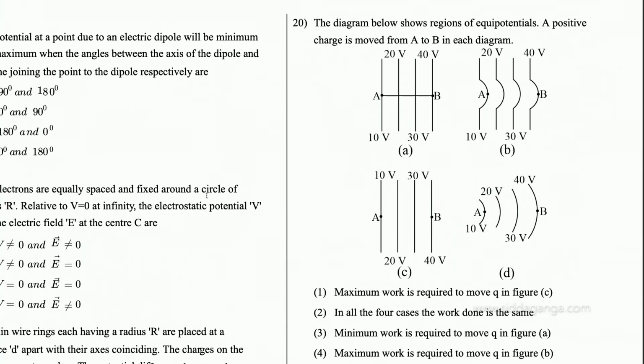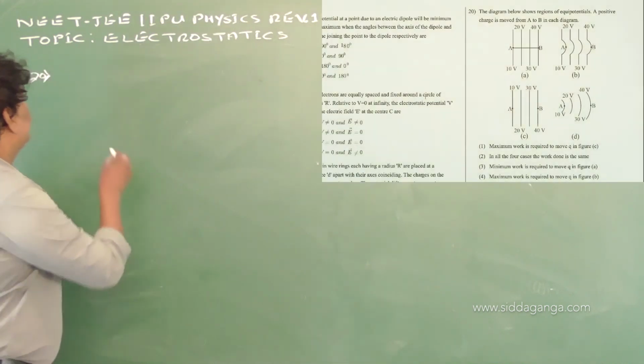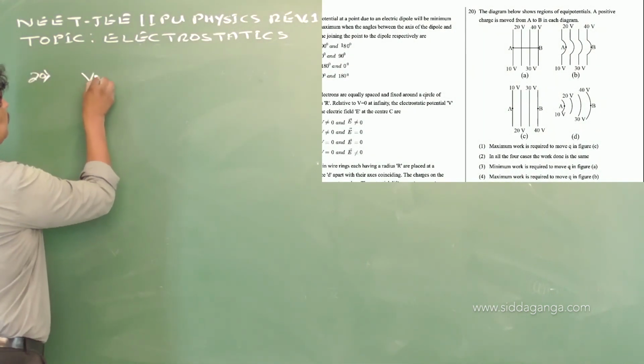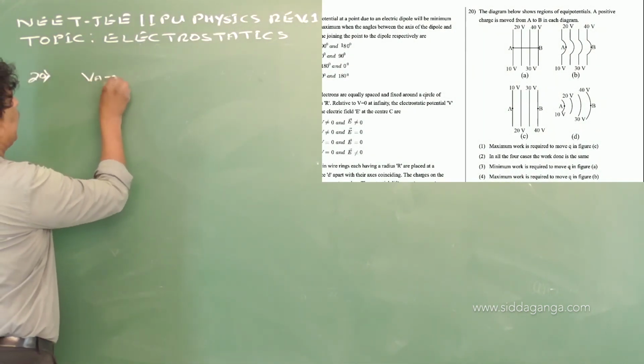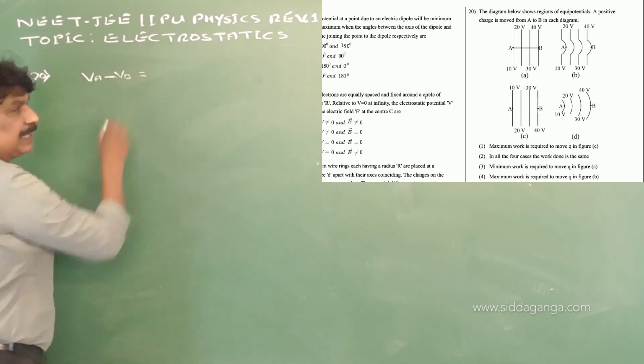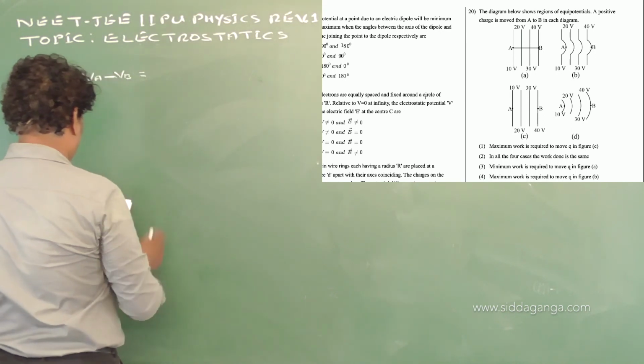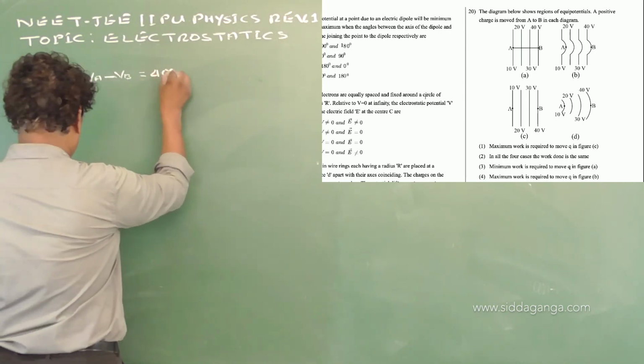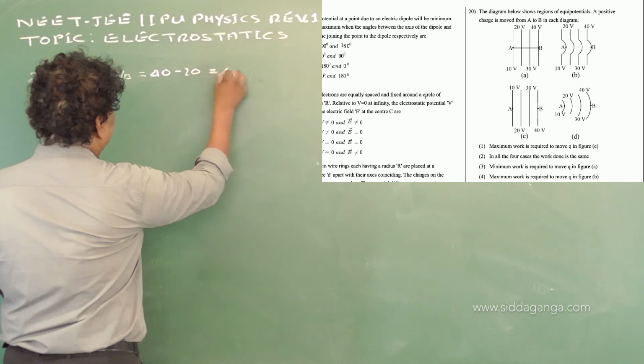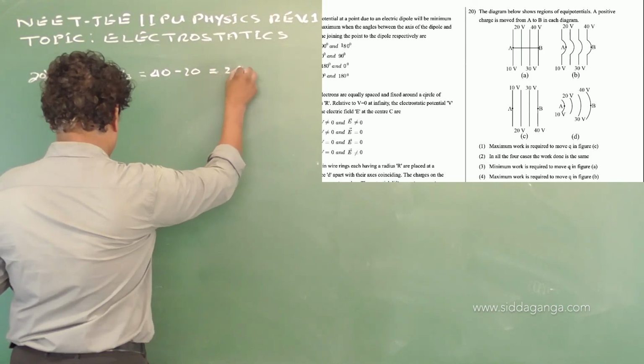Now we see here, in the figures A and B, the potential difference between points A and B is 40 minus 20, equal to 20 volt.